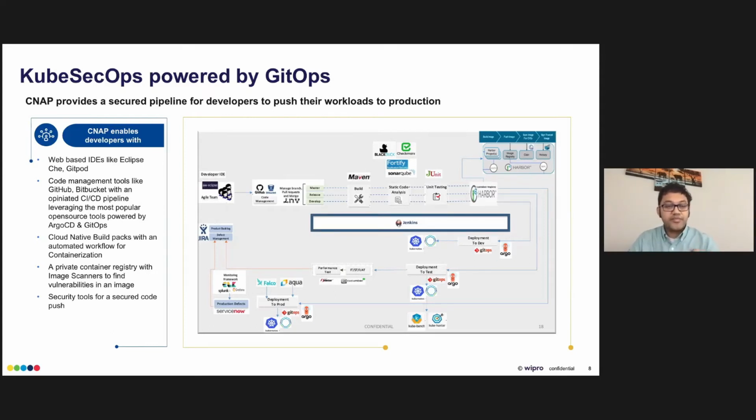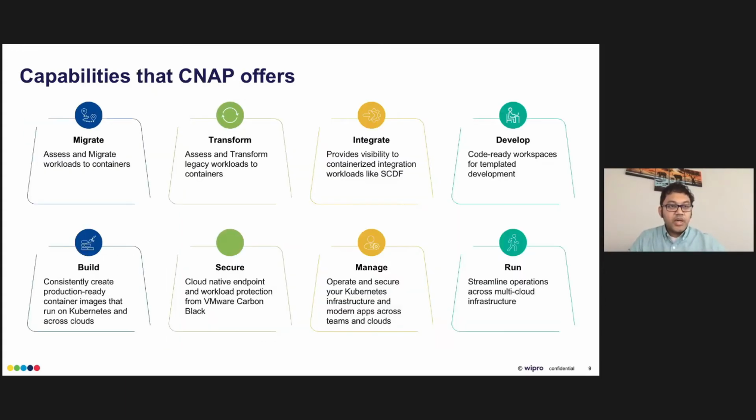It is completely self-service, done in the background. And these are the capabilities the CNAP has to offer: migration, transformation, development, build, run, and manage, everything as such. So these are the capabilities that the CNAP platform has to offer.